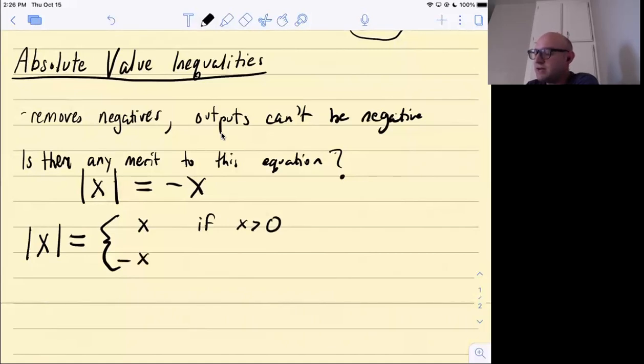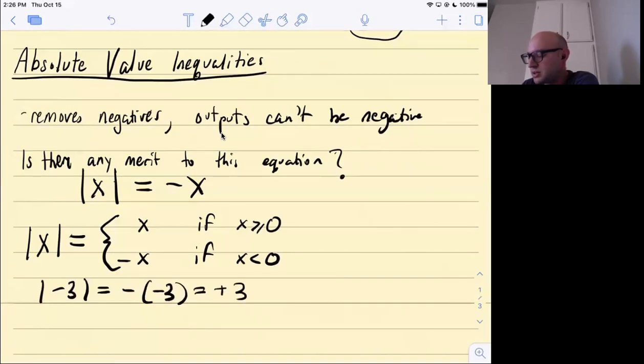So absolute value of x is equal to negative x if you plug in x less than 0, if it's a negative number. So in other words, absolute value of -3 is equal to negative of -3, which is equal to +3.